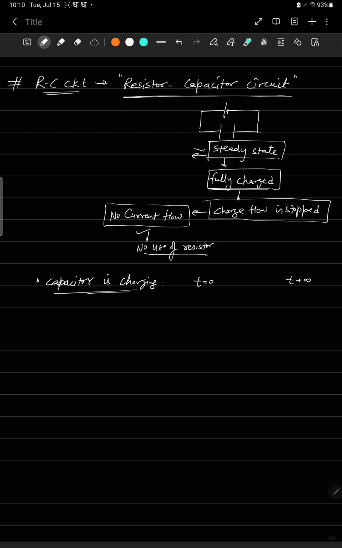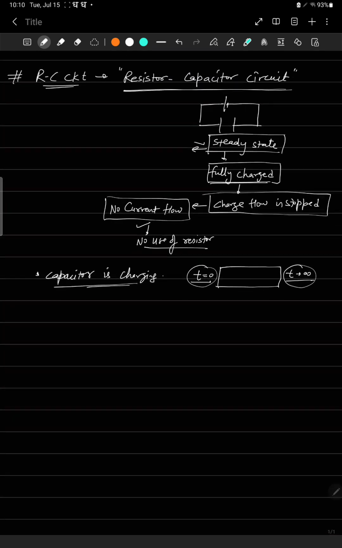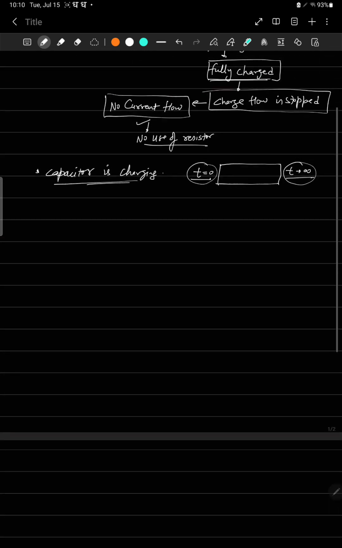So t equal to 0 is when the switch is opened, and t tends to infinity is when the capacitor has reached its steady state. We are going to talk about what actually happens between these two times. In this phase there will be a charge flow, a current flow, so we cannot ignore the resistor now.